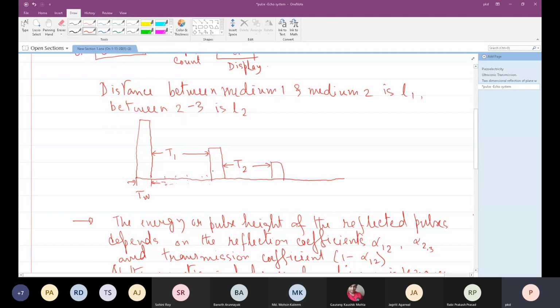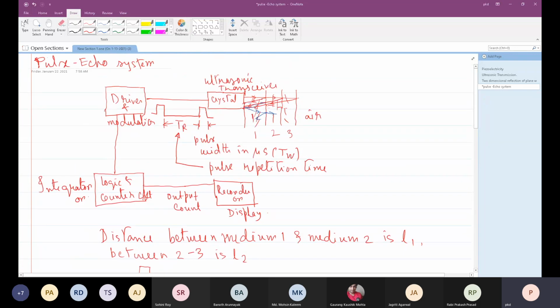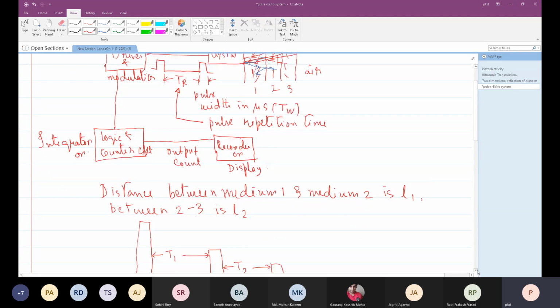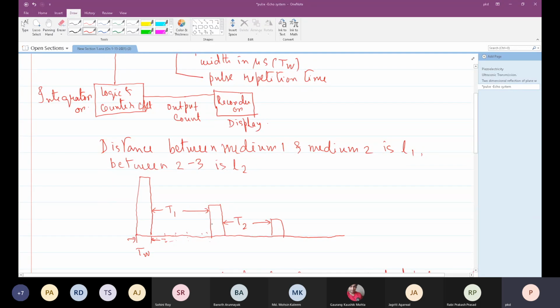Usually because of multi-point reflection and the beam hitting with a beam width, in practical situations the pulse shape may not be rectangular. This is due to beam divergence.